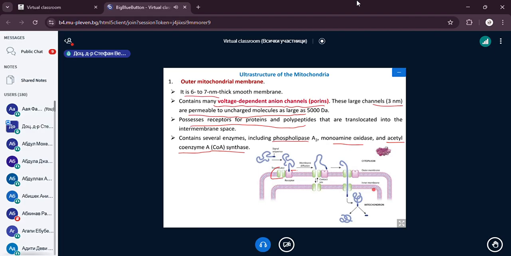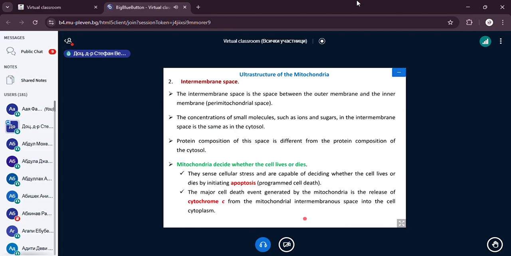Because the outer membrane is similar to the plasma membrane and it is quite a permeable membrane, as we see, the composition of the intermembrane space is quite similar to the composition of the cytoplasm. So the intermembrane space, which is the space between the outer and the inner membrane, has a concentration of small molecules such as ions and sugars similar to that in the cytosol.